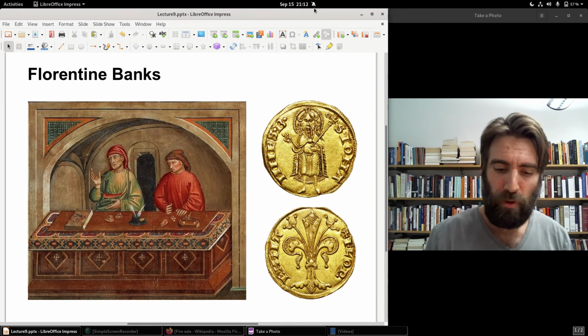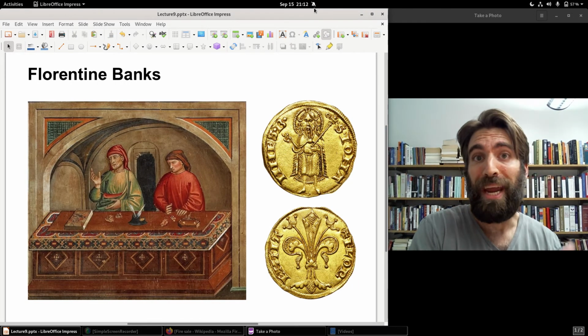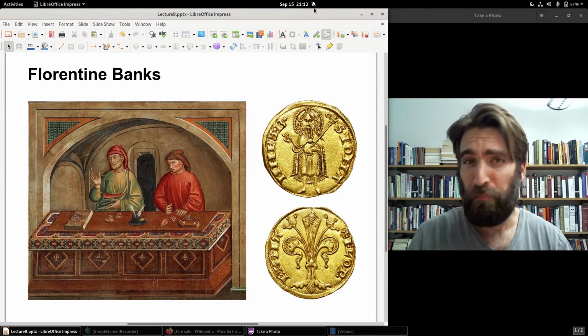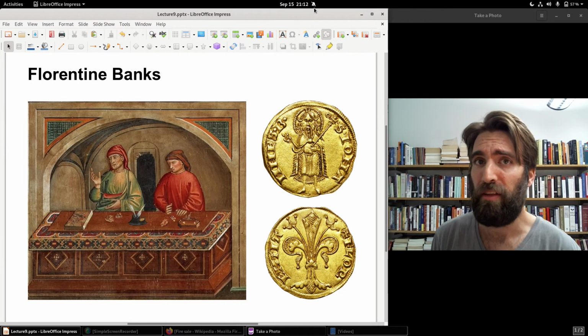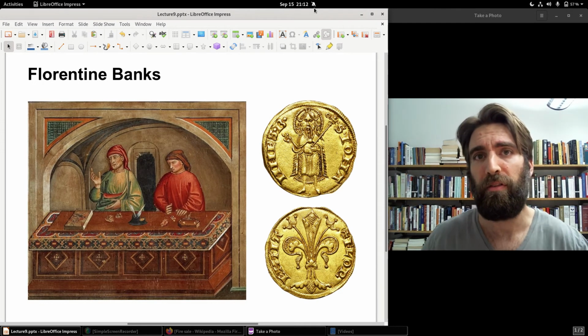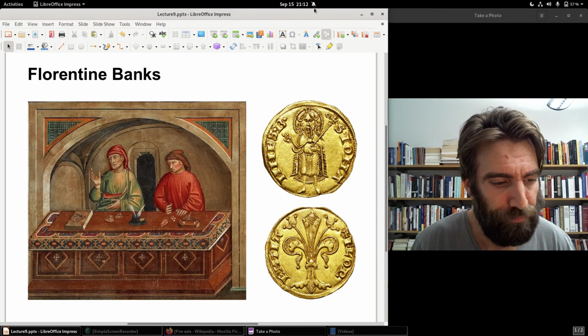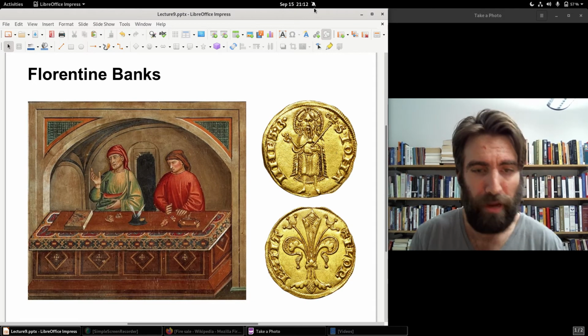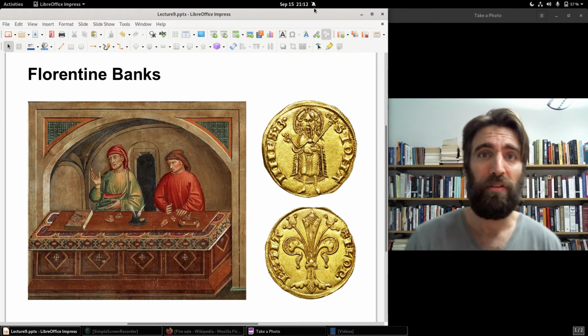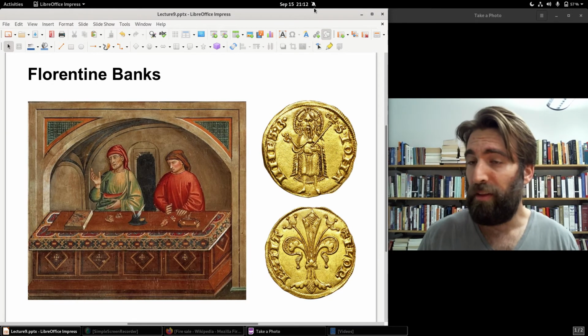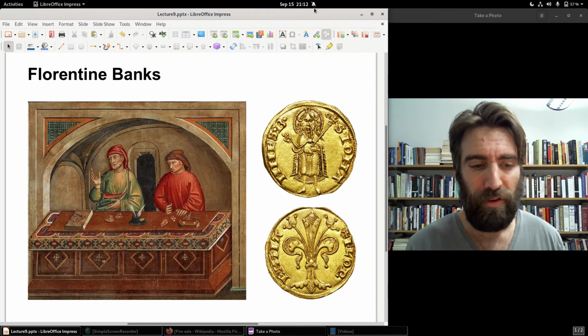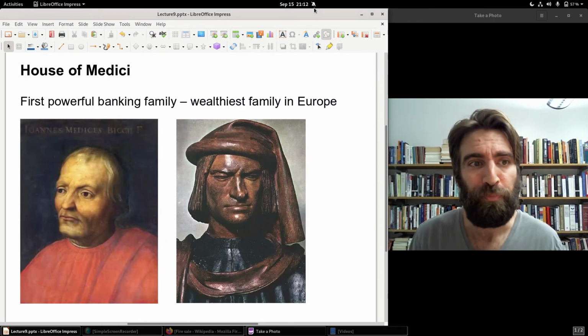Many of these Florentine banks actually established bank branches outside of Florence in other Italian city-states, or even in other parts of continental Europe. It was not uncommon for Florentine banks to lend to other European governments. I mentioned Edward III of England was one of them.